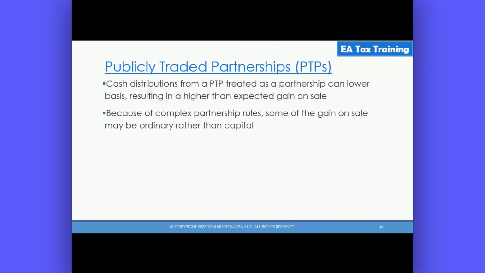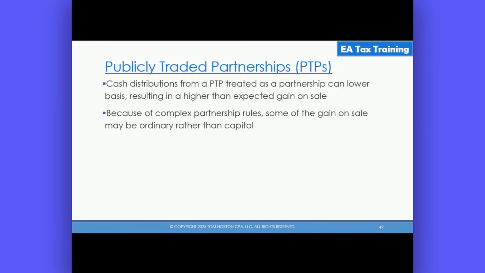You get a distribution from one of these PTPs that's being treated as a partnership, that will lower your basis in that PTP, which means you could have a higher than expected gain once you someday sell that PTP. Because of some very complex partnership rules, some of the gain on the sale can be ordinary rather than capital.